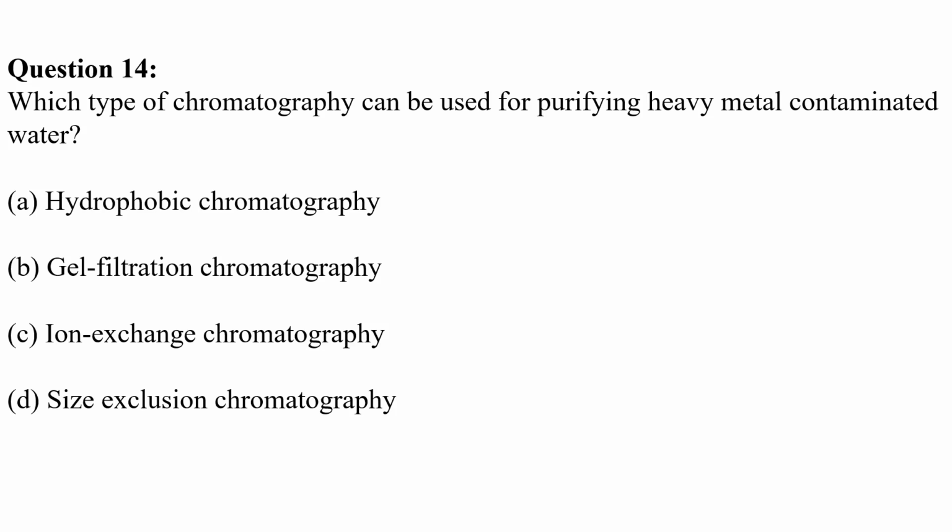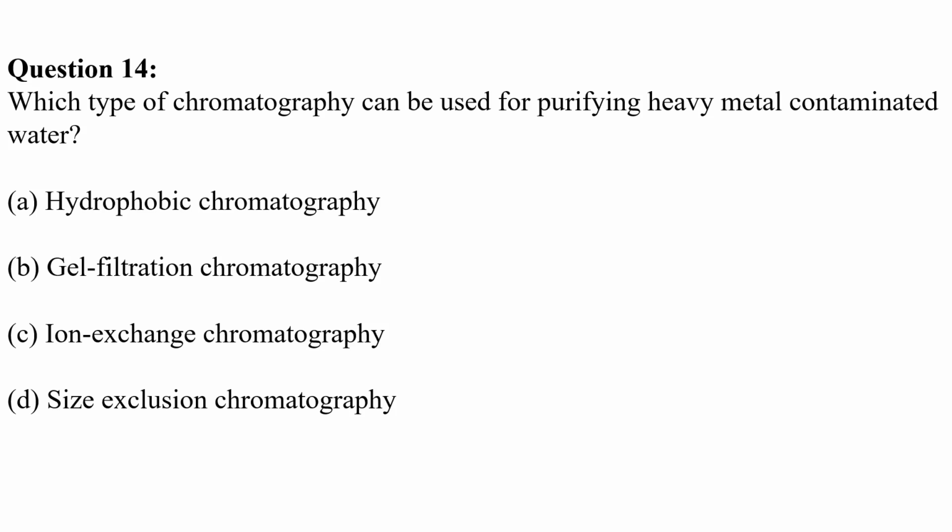So to remove any kind of ion, ion exchange chromatography is the best idea, because ionic things can bind to the column and you can get pure water out of it. The elution that is coming out of the column will basically be water free of heavy metal ions.